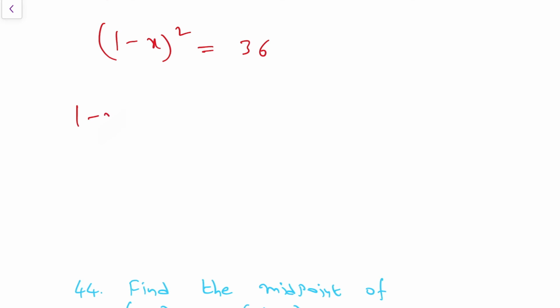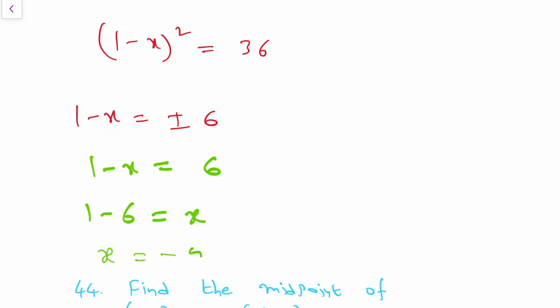Then what will be the 1 minus x value? Plus or minus 6, because 6 sixes are 36. Once take plus 6 and once take minus 6. 1 minus x equals plus 6, I am taking first. Take minus x to the right side and 6 to the left side. So 1 minus 6 equals x. Then the x value will be 1 minus 6, minus 5.